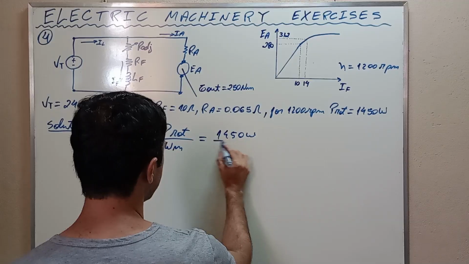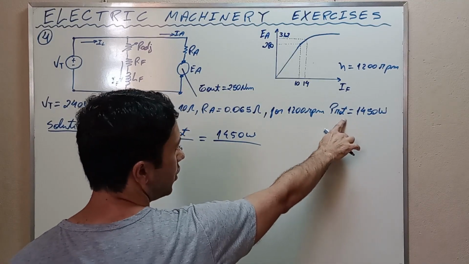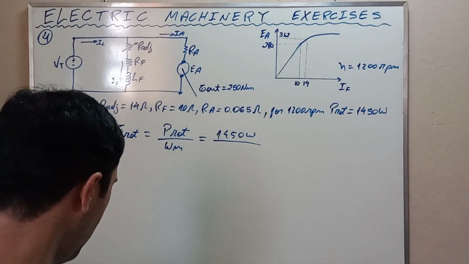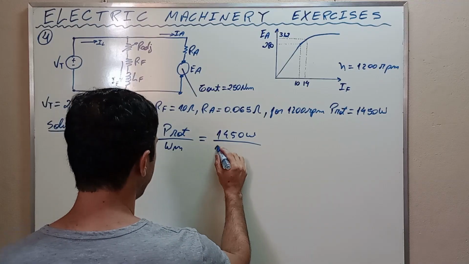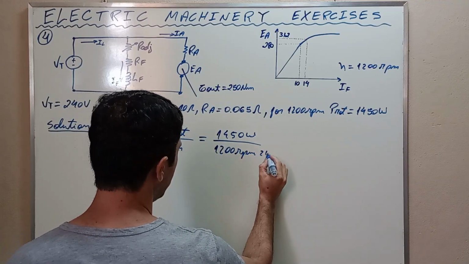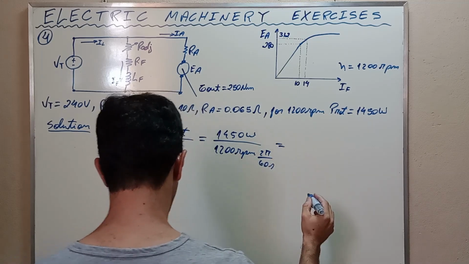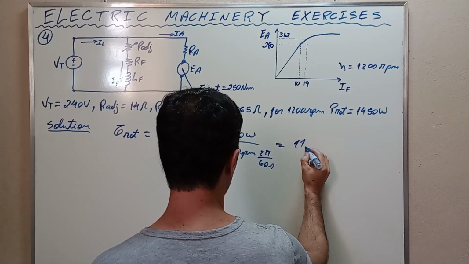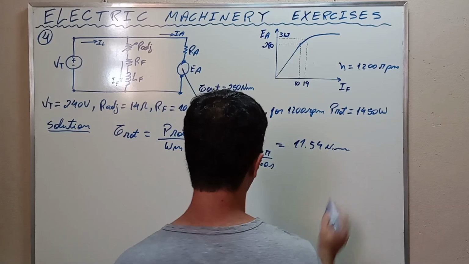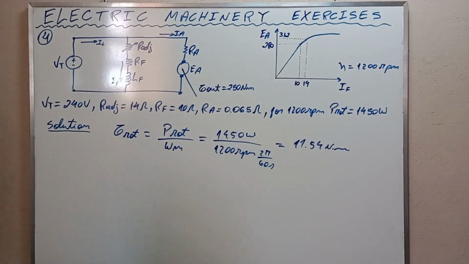The exercise provided that the rotational losses amounted to 1450 watts, at 1200 rpm, 2 pi over 60 seconds, and this is equal to 11.54 Newton meters. We are losing this amount of torque.